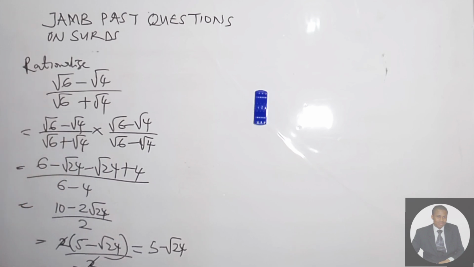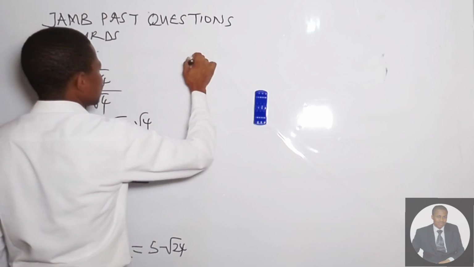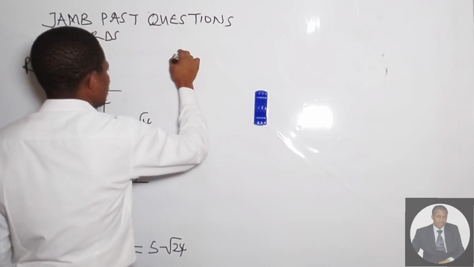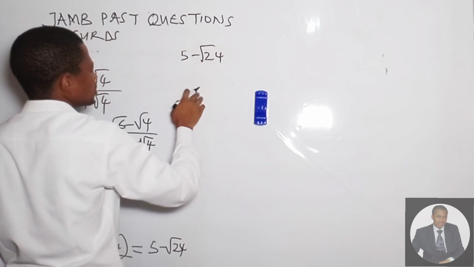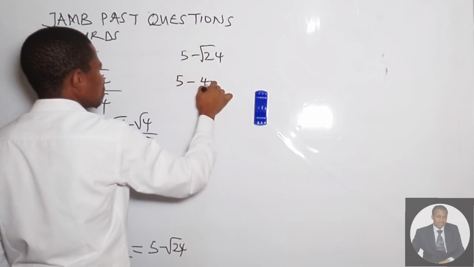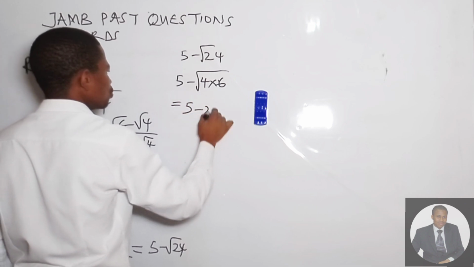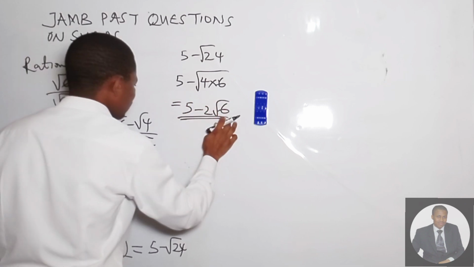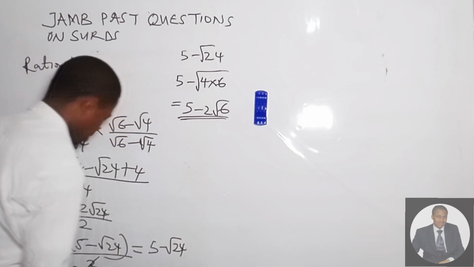We can actually leave the answer this way, or we move ahead and simplify. Root 24 is the same thing as saying root 4 times 6. That's 5 minus 2 root 6. Either we have 5 minus 2 root 6, or we leave it as 5 minus root 24 as our answer.